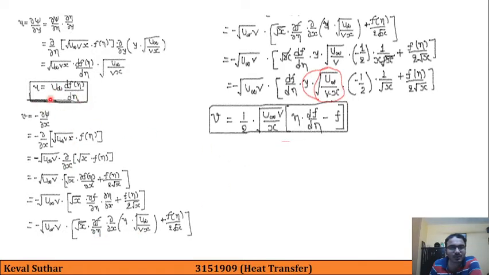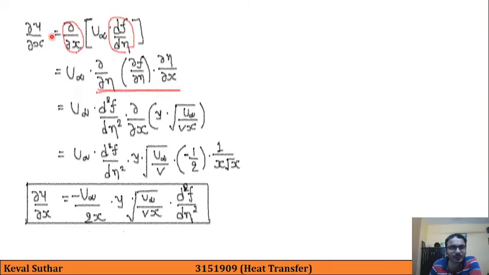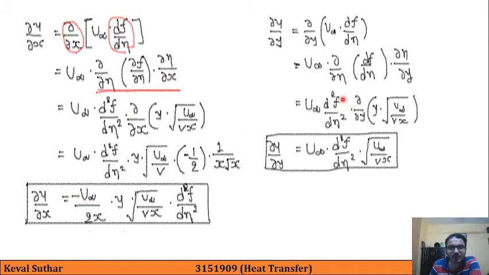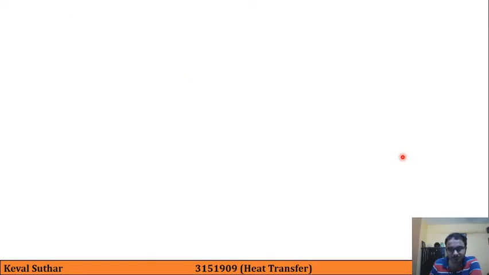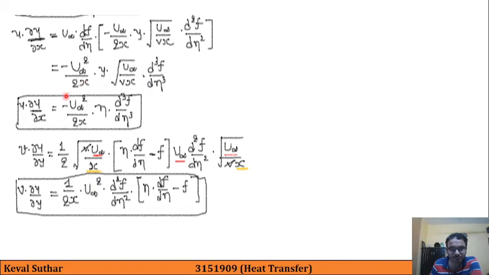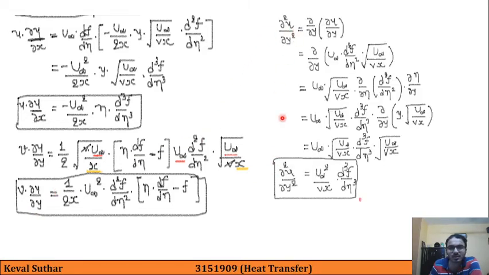So this is the value of u and this is the value of v. After that we obtained del u upon del x. Similarly we obtained del u upon del y. Next was u into del u upon del x and v into del u upon del y. The last formula that we obtained was del 2u upon del y square.